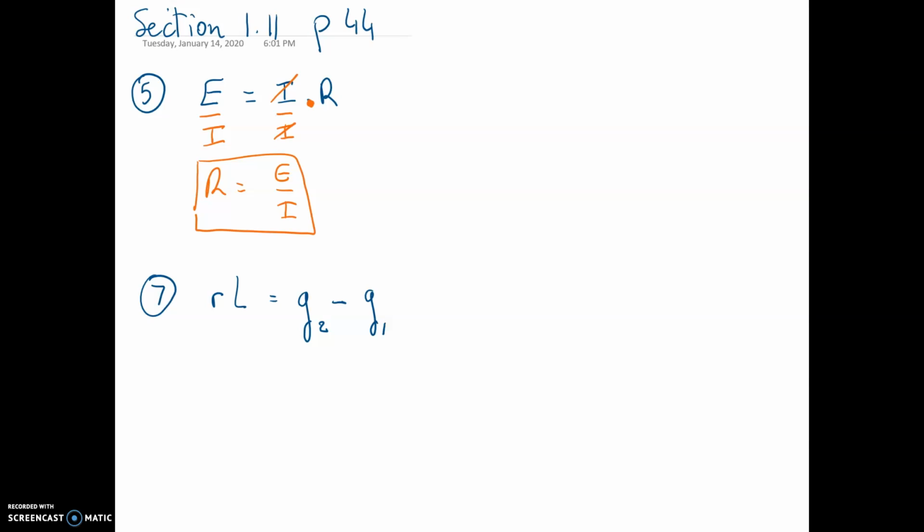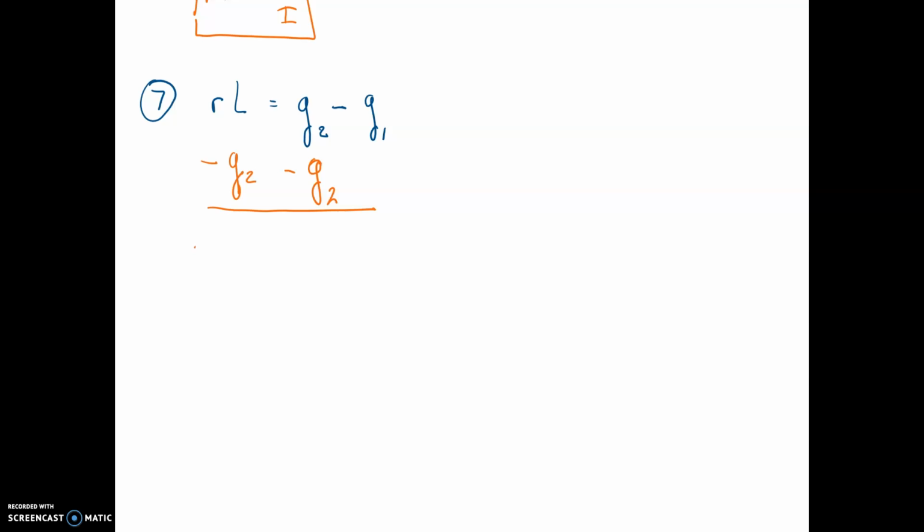You need to get rid of the G2, and then you will have to get rid of the negative in front of the G1, which is right now a subtraction sign. So first, to get rid of the G2, I will subtract G2 from both sides. Now I end up with RL minus G2 equal negative G1.